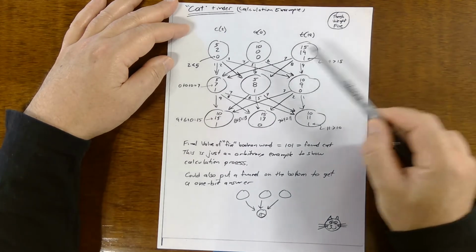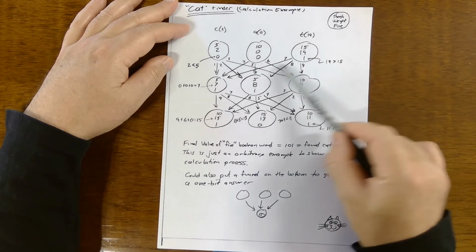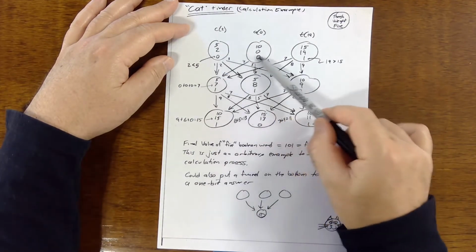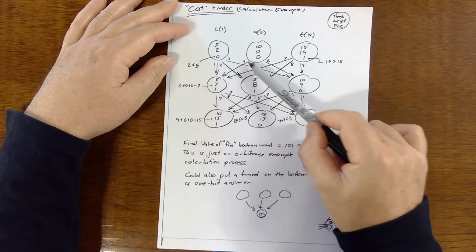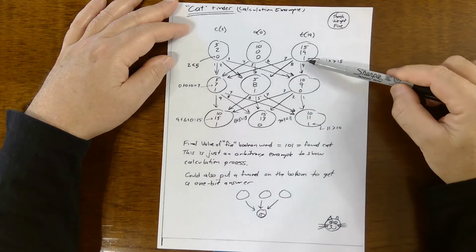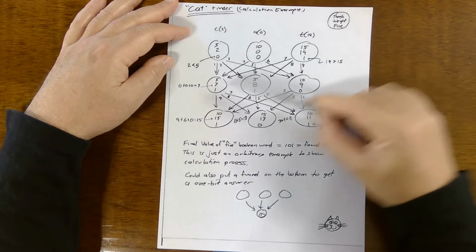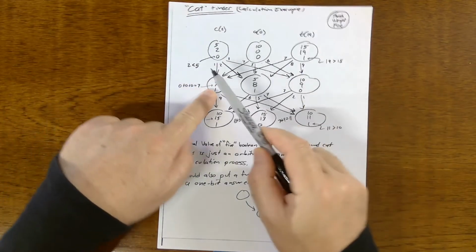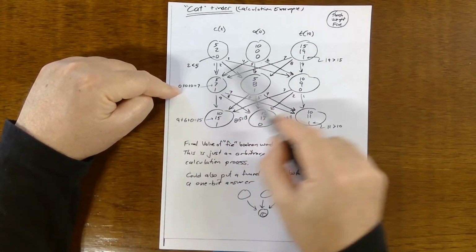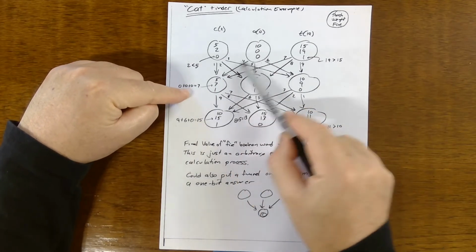So this guy is sending values of 7, 8, and 9 down to the next layer. The other two aren't doing anything because they're not firing. There's link weights on here, but they're not being used for these first two nodes because they're not firing. But this one is. It's sending a 7 down, so that's why you get a 7 here. It's getting a 0 from this node, and a 0 from the next node.